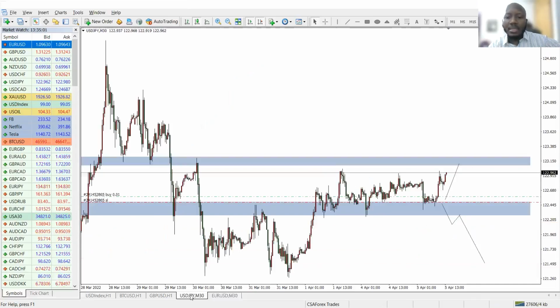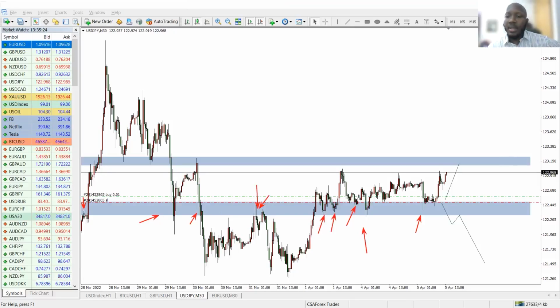Also, I had the privilege of jumping into the dollar yen. These are the two trades I have running for this week. If you look very well, this area here is also marked up. We had support, support, support, support, support, some resistance, resistance. So this has more or less acted as a flip zone.